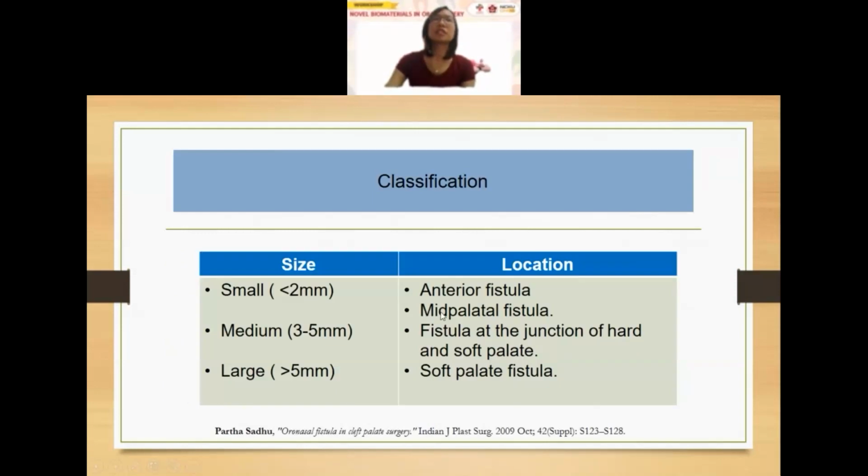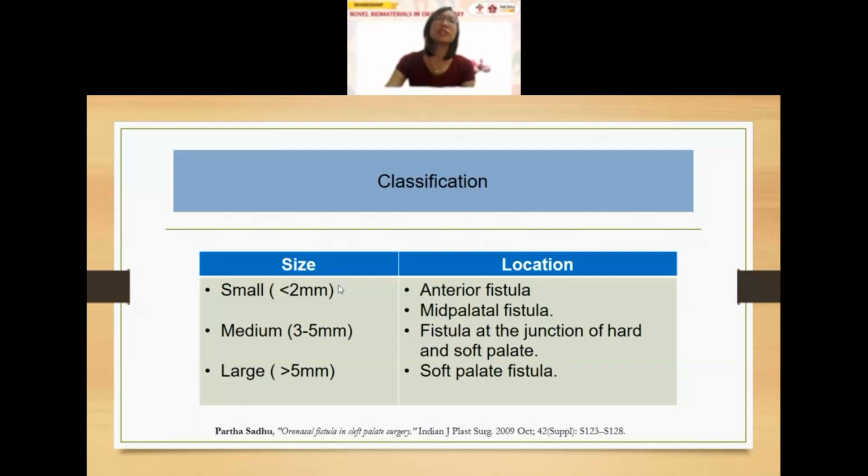About classification, we have many types of fistula. We base it on size or location. With size, we have three types. Small, if the fistula is less than 2 millimeters.